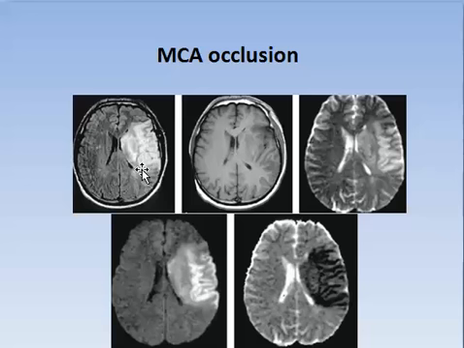Here we have the T1 weighted image, the T2 weighted image, the diffusion, the ADC map, and we said that the FLAIR can show both edema and infarct. The T1 weighted image shows both as a low intensity area.